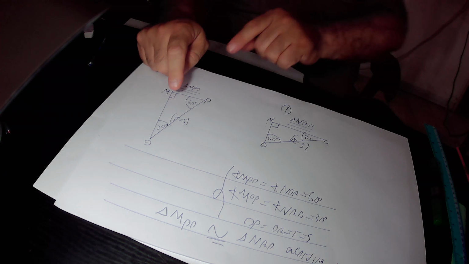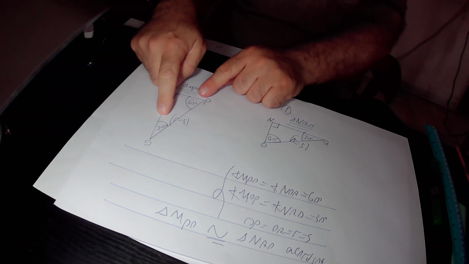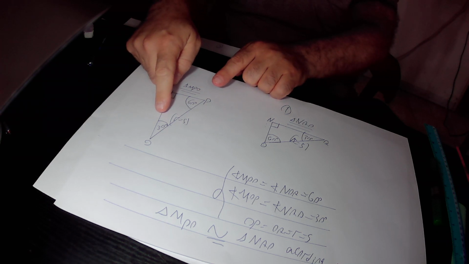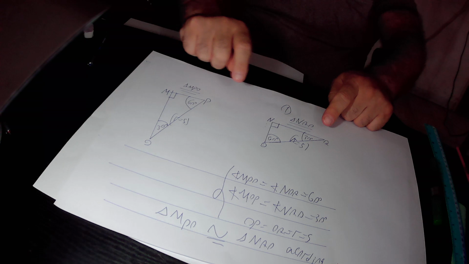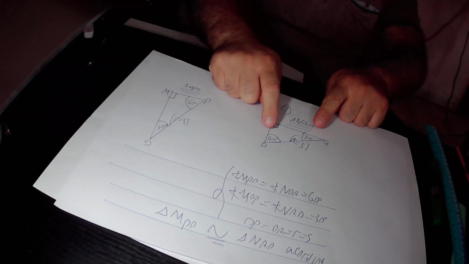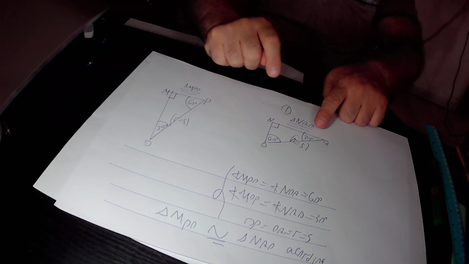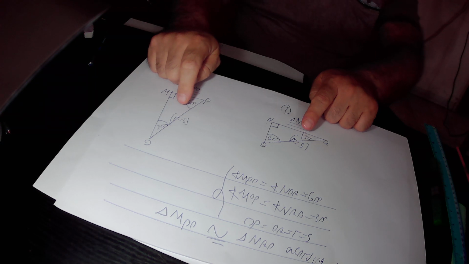So those two angles and the side included between them, that is side OP in the right triangle NPO, are correspondingly equal to those two angles and the included side OQ in the right triangle NQO. And therefore those two right triangles are congruent according to the angle-side-angle rule.